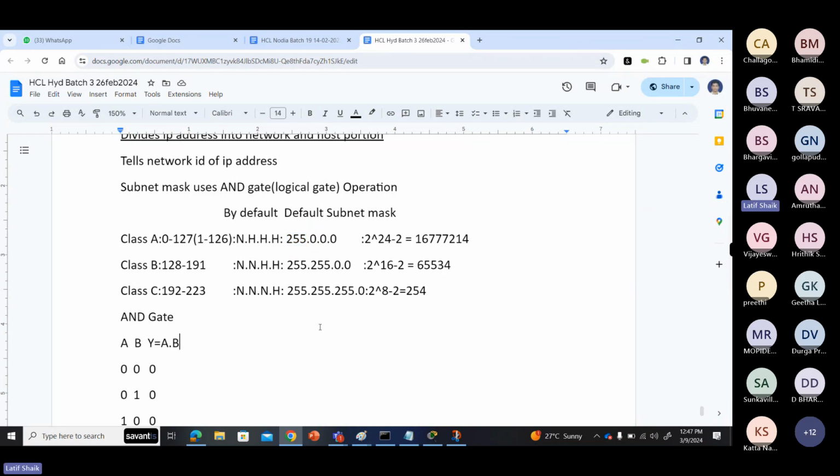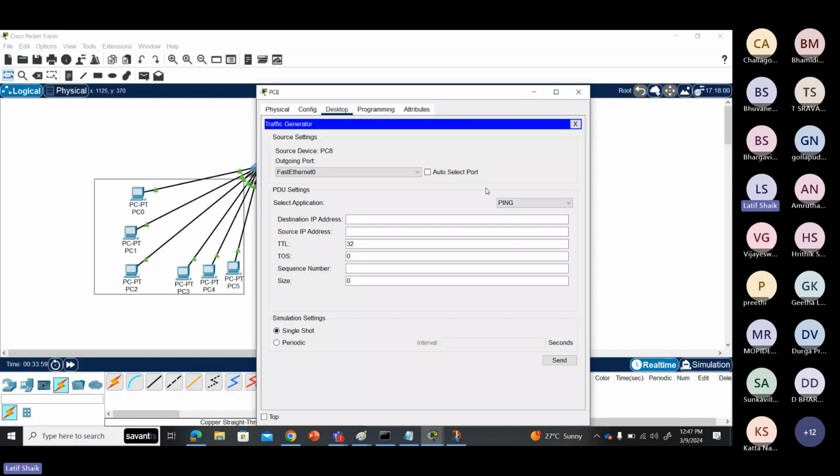So we generally recognize them based on this, but for a system, we assign a subnet mask.